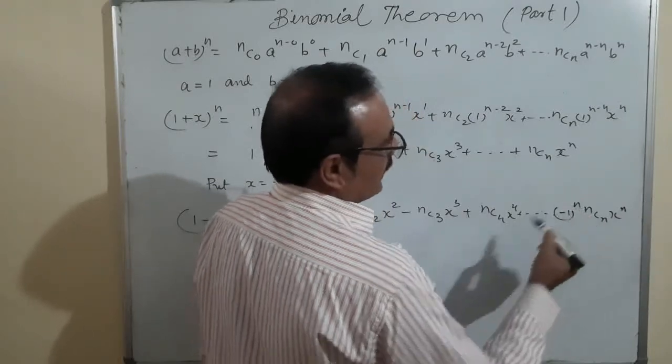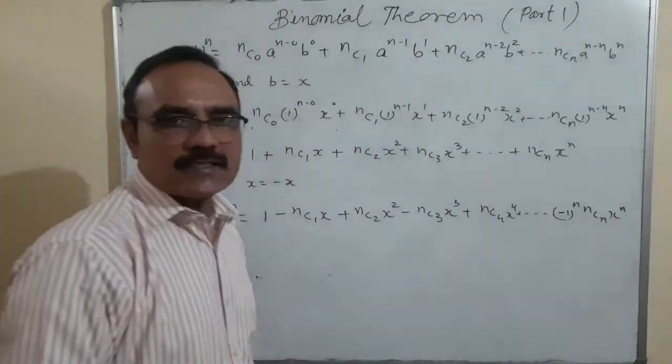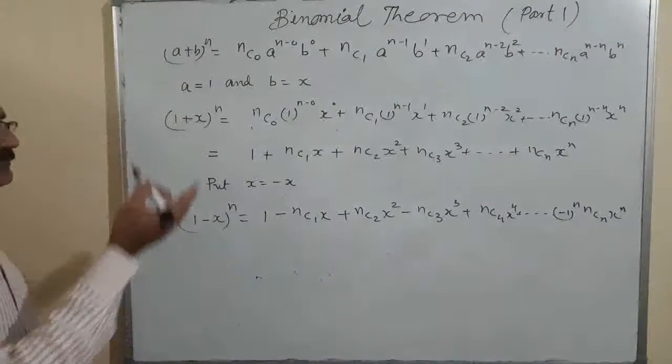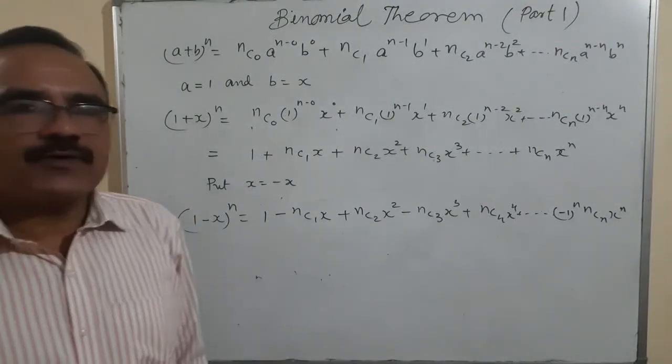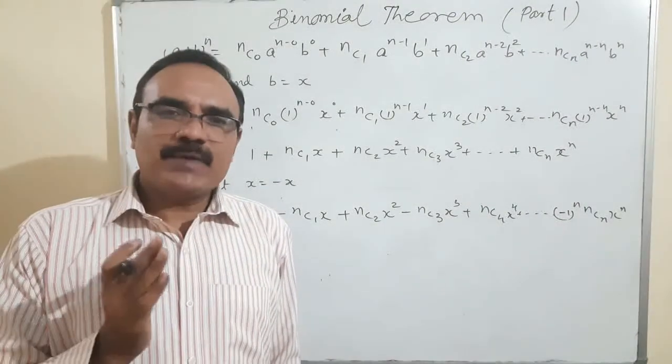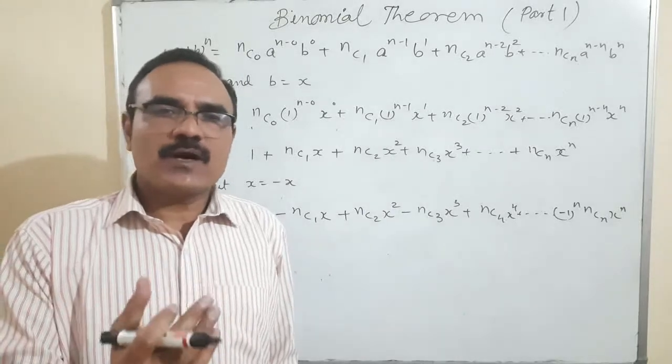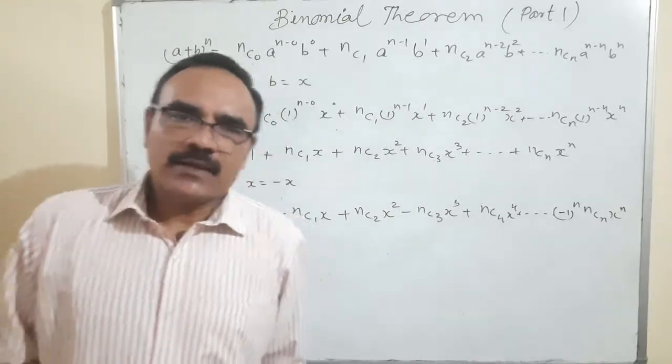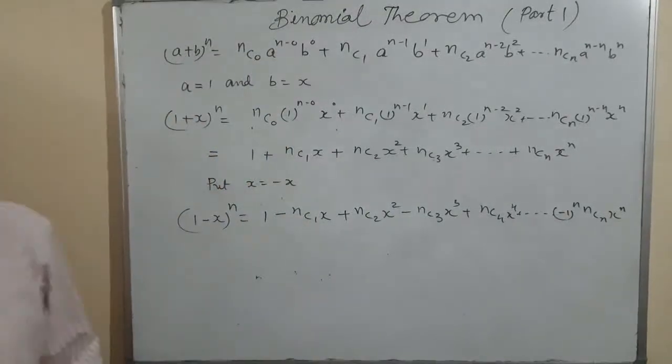The meaning is when n is even, it is positive, otherwise it is negative. Is it okay? So these are the expansions. So we will remember (a + b)^n, (1 + x)^n, (1 - x)^n. Okay, 3 expansions are required.